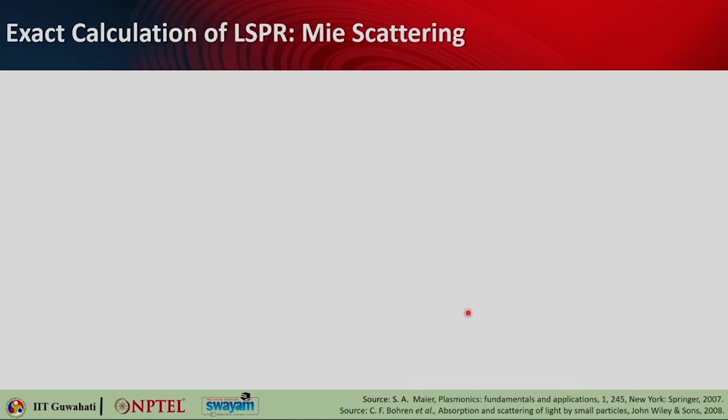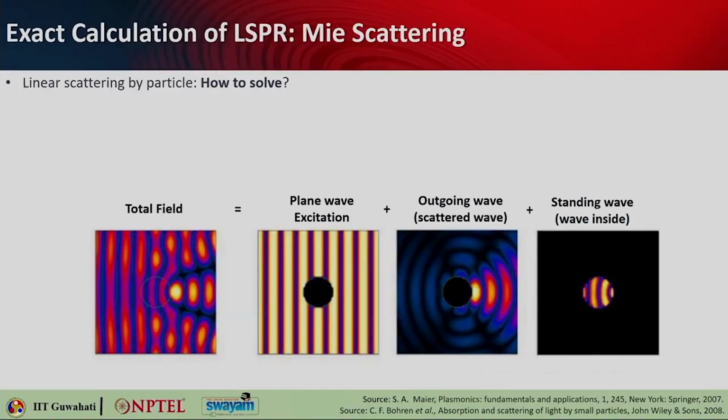Now, when we think of calculating LSPR, we first need to see whether there is any exact method of calculating the scattering and absorption from these nanoparticles. The solution comes from Mie theory. In 1908, the scientist Gustav Mie found an exact theory that can explain the colors of colloidal solutions of nanoparticles of different sizes.